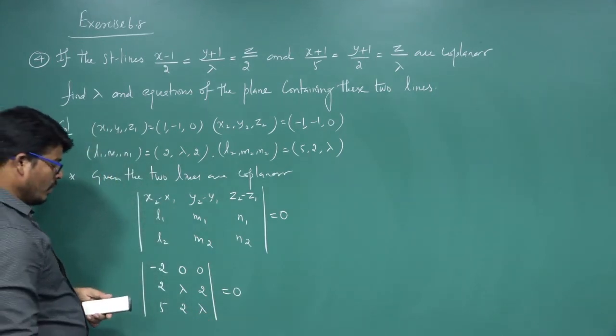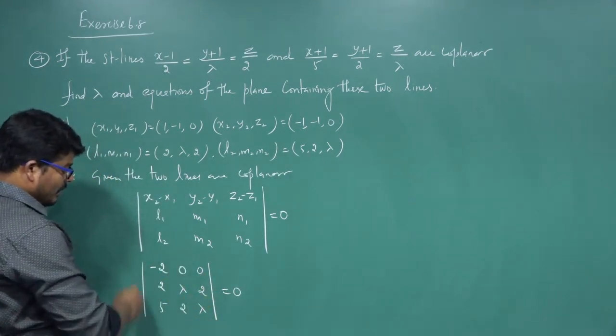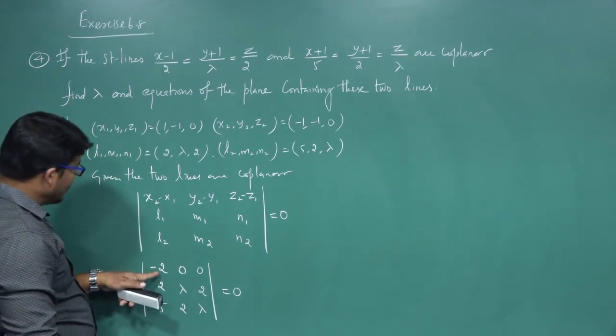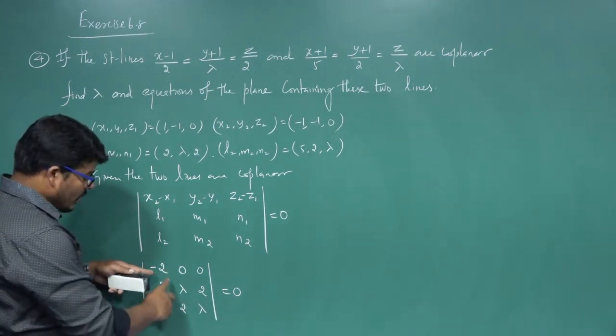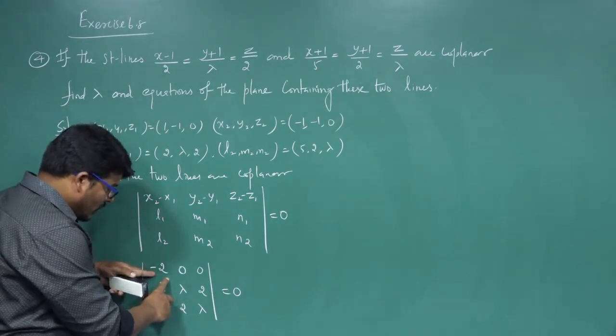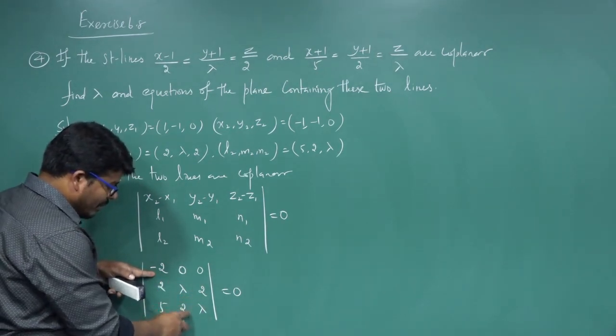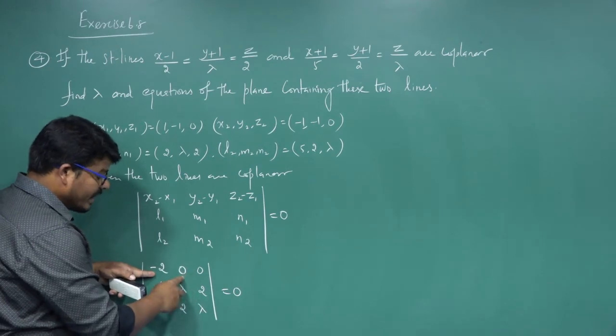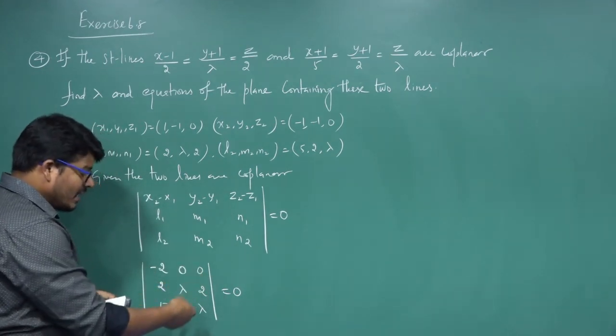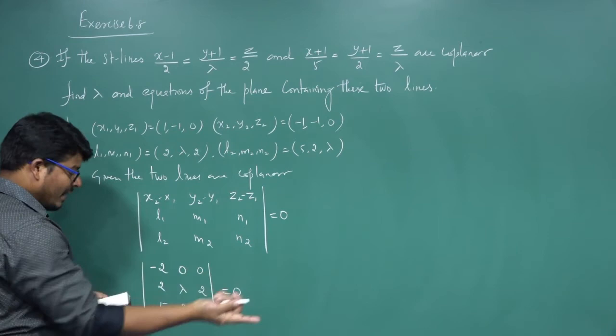Now expanding the determinant. Taking the element minus 2, getting the minor matrix, lambda into lambda, lambda square minus 4. Next taking the element 0, 0 into anything value is 0. Next taking the element 0, otherwise 0.